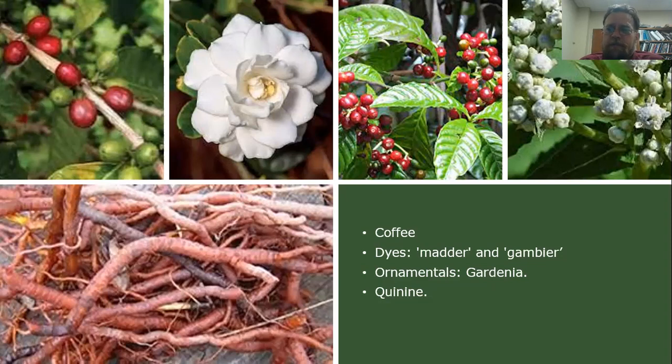Probably the most, or certainly maybe tied for coffee as the most significant member of this family is quinine. So quinine is a prophylactic treatment, or preventative treatment, for malaria, which, of course, is an extraordinarily dangerous disease that has had extraordinarily significant impacts on human history. But they discovered that the extract quinine, which comes from a tree, was able to help prevent you from getting malaria.